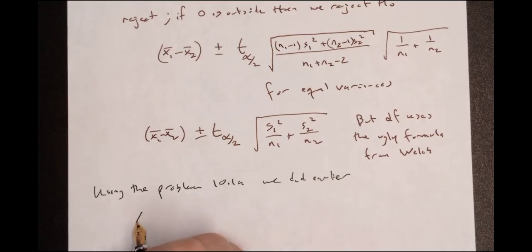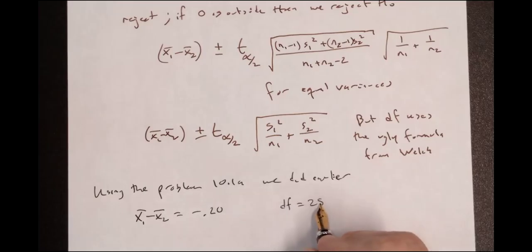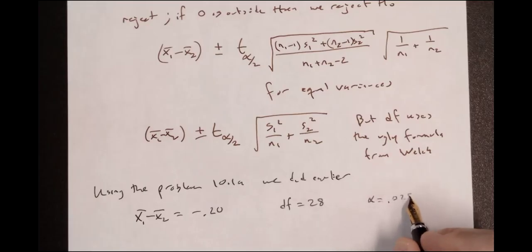X1 minus X2 bar was negative 0.20. 3.05 minus 3.25. We had degrees of freedom of 28. And we had alpha being 0.025.